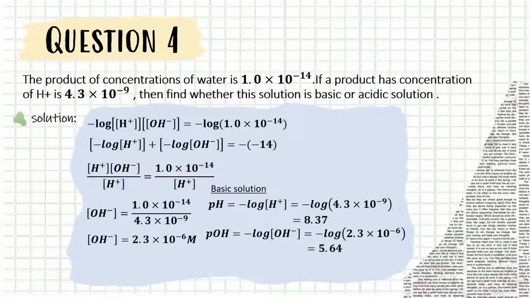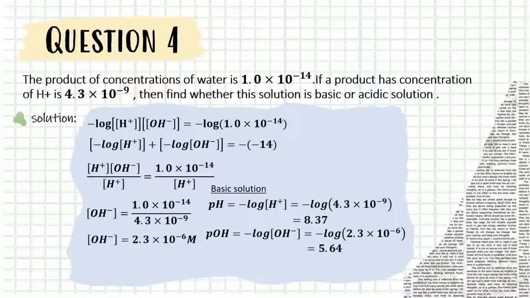If you look at the solution, negative log of concentration H plus multiplied with concentration OH minus equal to negative log concentration of water. By using the law of logarithms, we separate the log into negative log concentration of H plus, negative log concentration of OH minus, equal to negative in bracket negative 14.